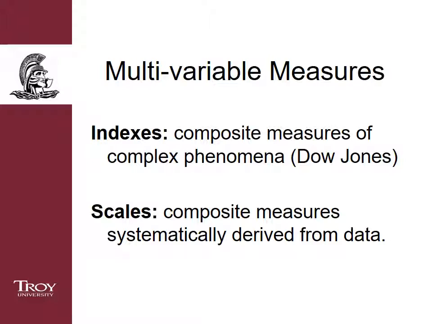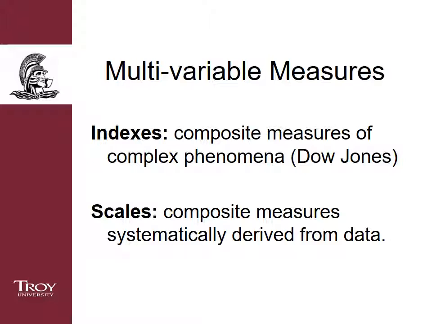There also, sometimes something is a scale. That's when you take a bunch of measures, you bring them together, but then you systematically derive the data from them, and you work on them in some way that makes the number less of a judgment call. A scale involves some kind of statistical test to make sure that the numbers in there are right, and gives a reading off of them.